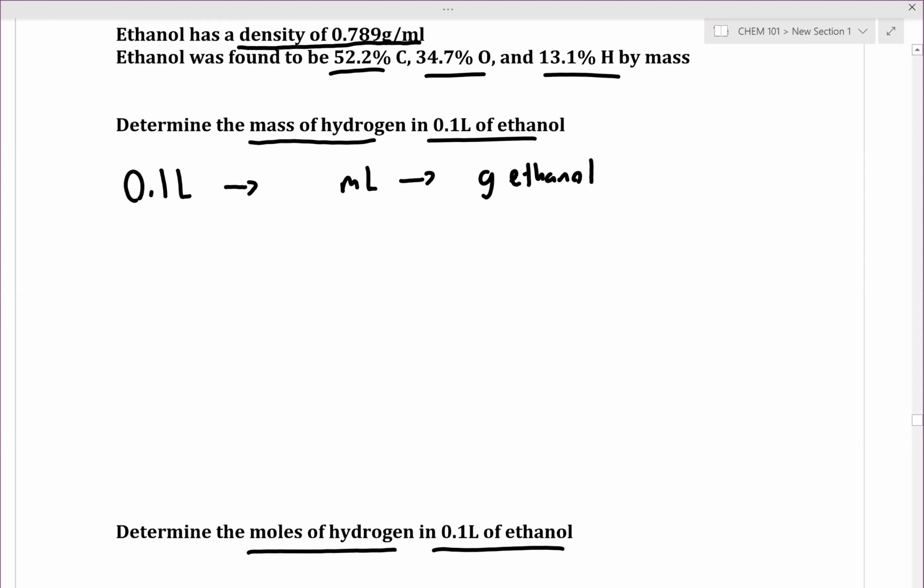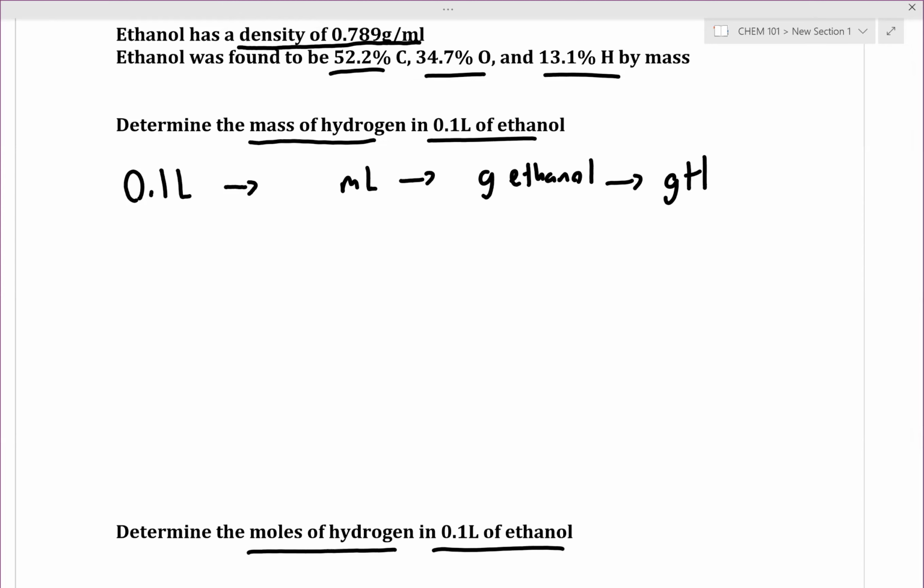I like to think about density calculations in terms of unit setups rather than just a formula, because if your units are canceling, there's no way for you to make a mistake in your setup. Now, from the total mass of ethanol, do we have enough information to calculate the grams of hydrogen? Are we given the mass percentage of hydrogen?